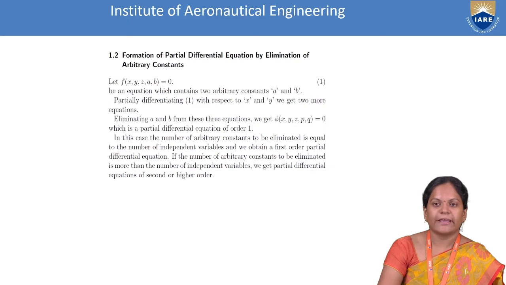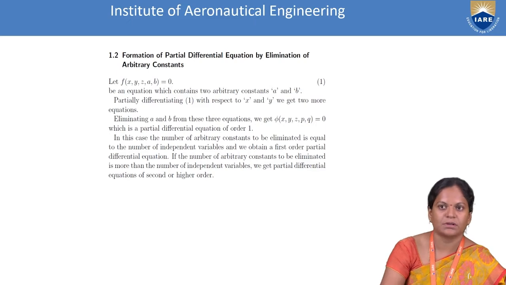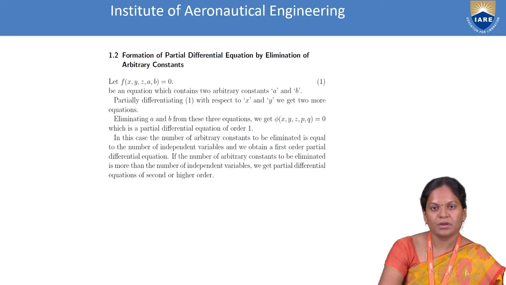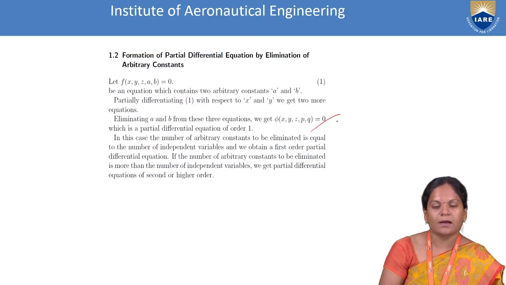So first take partial derivatives of the given equation with respect to x and with respect to y. Eliminating a and b from those equations, we get another equation, φ of x, y, z, p, q.